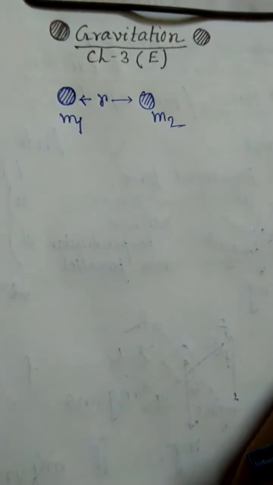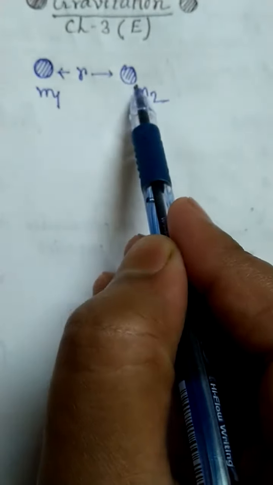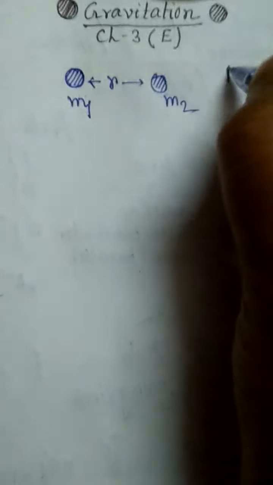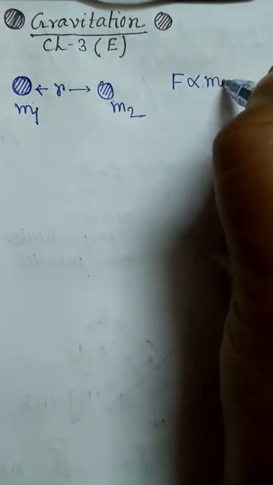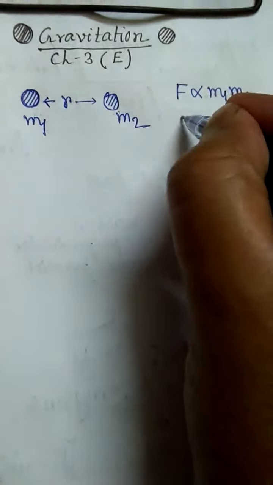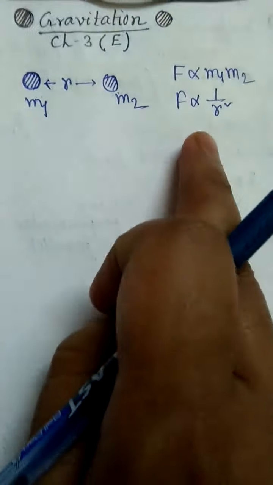Now according to Newton's law of gravitation, the force acting between these two masses is F, which is proportional to the product of these two masses and inversely proportional to the square of the distance between them.